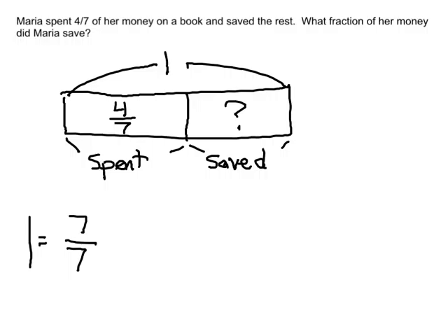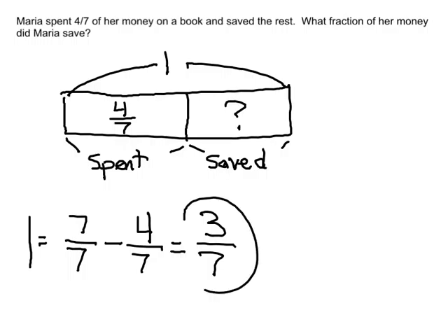That would be the total that she spent, or the total she had, I'm sorry. And now we know that she spent 4 of that 7, and we would subtract it. 7/7 minus 4/7 equals 3 of the 7ths. So our answer of what she saved was 3/7.